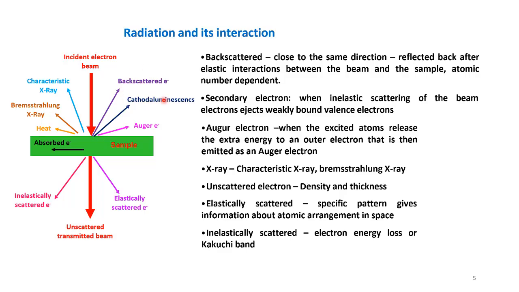So from the backscattered electron beam, we can get an idea about the atomic number of the material of our sample. Then we have the secondary electron, which is the inelastic collision scattering of the beam, which ejects a weakly bound valence electron.